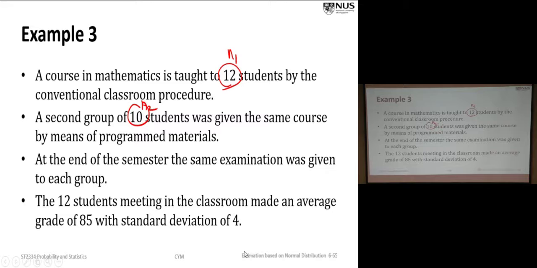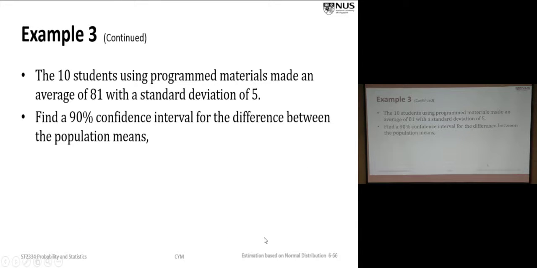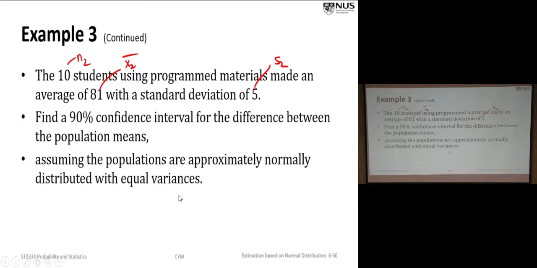And then this is X1 bar, this is S1, and this is N2, X2 bar, and S2. So we want to construct a 95% confidence interval. We just substitute into the formula, because now we have two samples, one from population 1, the other from population 2, and we assume that the population is approximately normal.